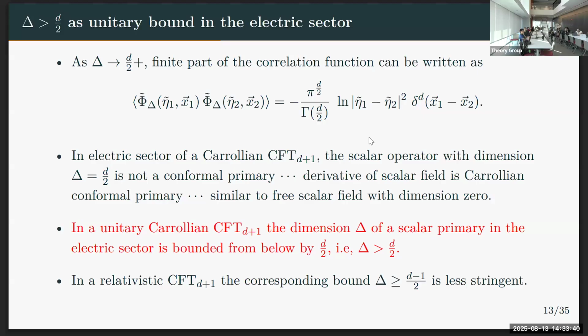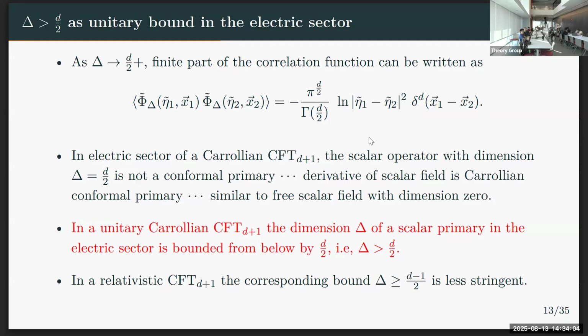Now, in conventional CFT, you know that this log branch comes from the scalar field with zero dimension, and if you look at its two-point function, there is a log branch. There is something similar here, but there is a contact term for the spatial part, and this log term for the eta tilde part.